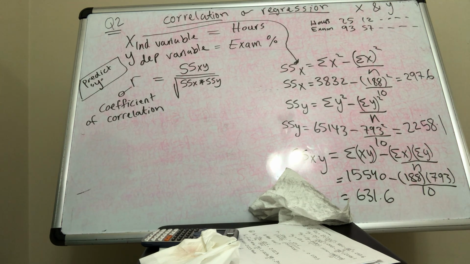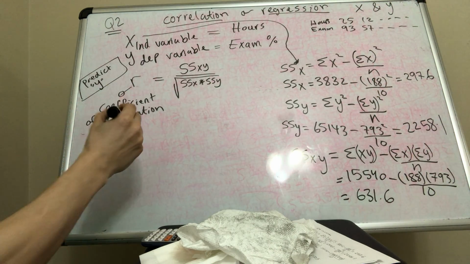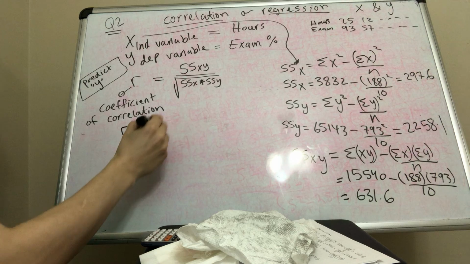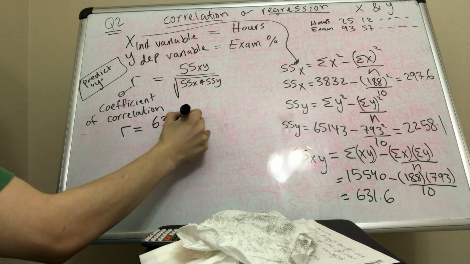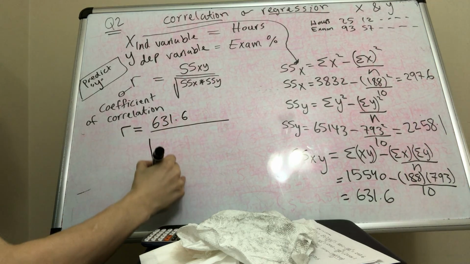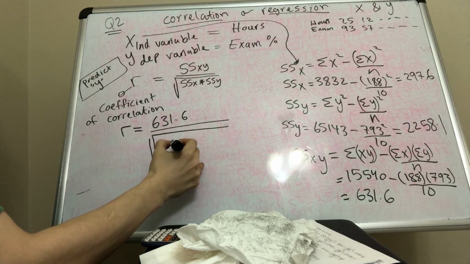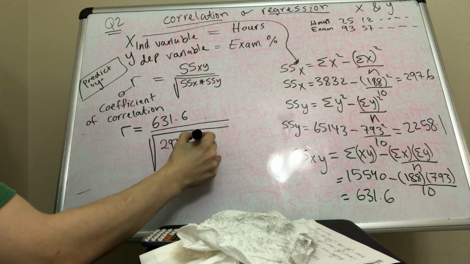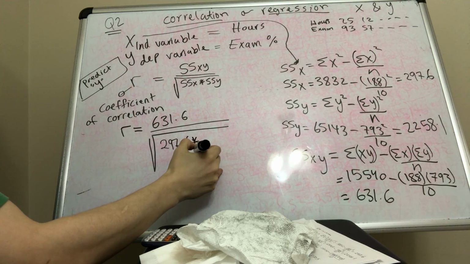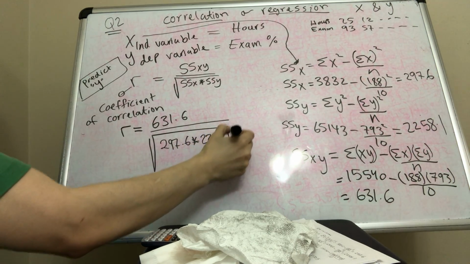So we are ready to put everything in the correlation. SSXY is the 631.6. SSX is 297.6, and the SSY is the 2258.1.